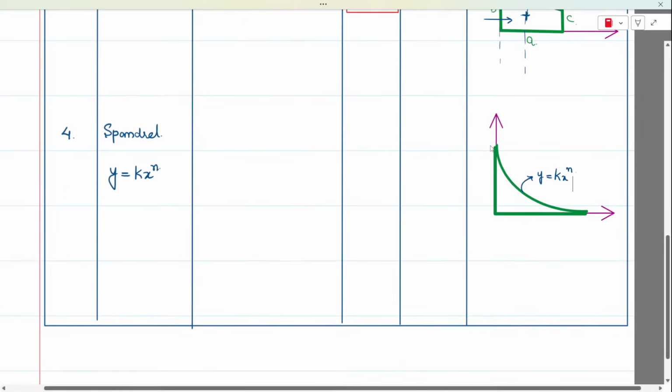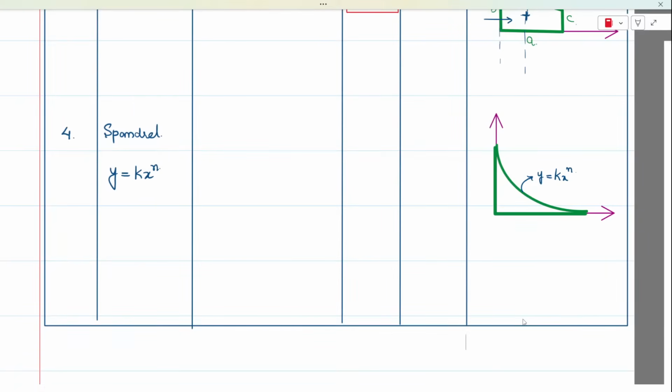Now, for writing the area of spandrel, we can use the basics that have been learned in the triangle. In case of triangle, the equation would become right angle triangle.